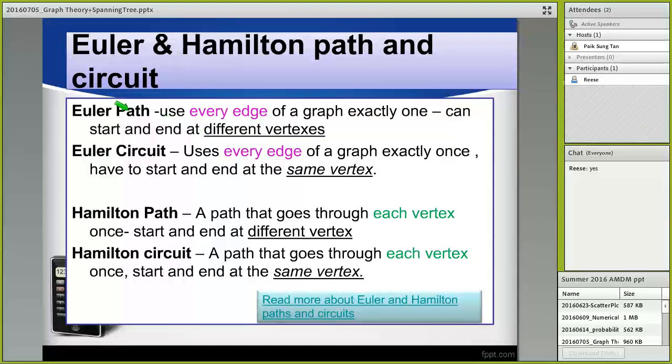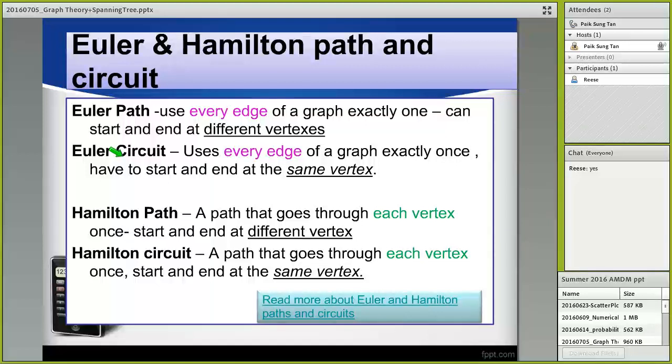If we talk about path, both Hamilton path and Euler path can start and end at different vertices. Euler circuit and Hamilton circuit, if we talk about circuit, it's like a circle, right? You have to start and end at the same vertex.